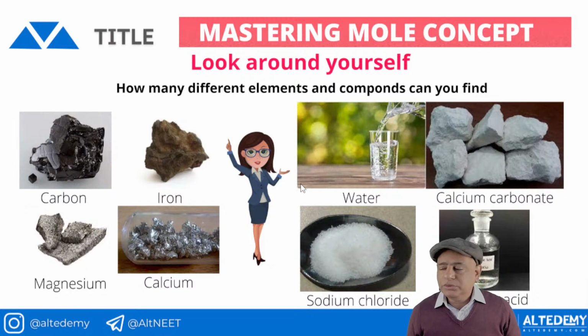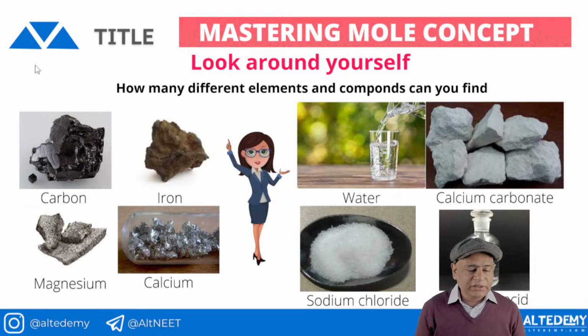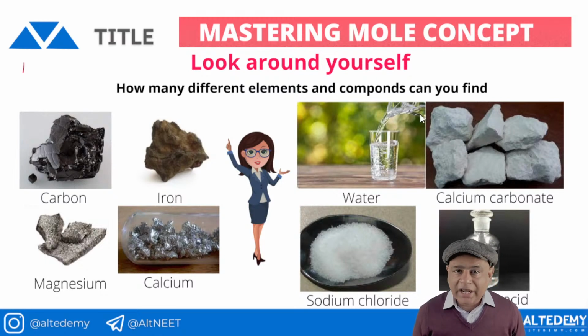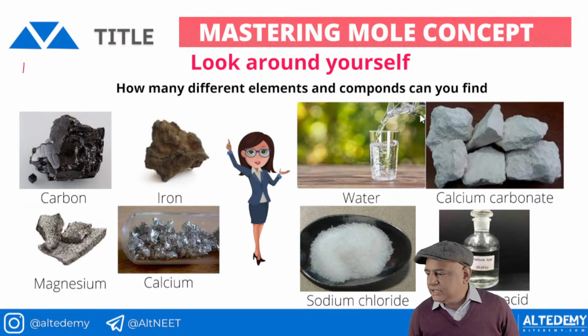And when you start breaking elements, the smallest piece of element that you get, I'll write it in the next slide. The smallest part of an element, we call an atom. And the smallest part of a compound, we call a molecule, right? And elements make compounds. Therefore, we can say that atoms make molecules.